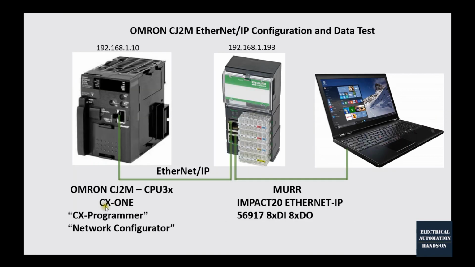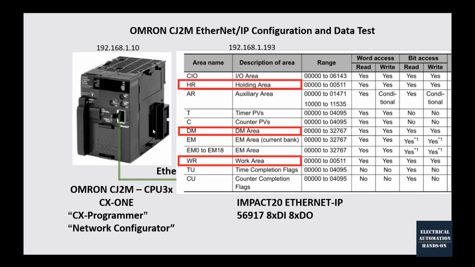But inside the CX Programmer software, we still use the absolute address. For example, at this CJ2M, the popular addresses we will use are W, D, and H, these three typical address types. How can we set the absolute address within this network configurator? In this video, I will mainly discuss this.